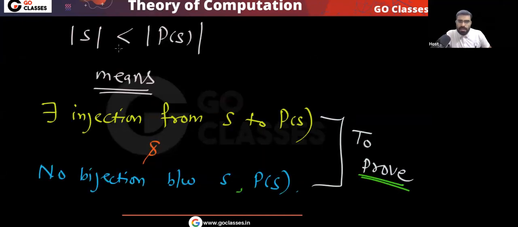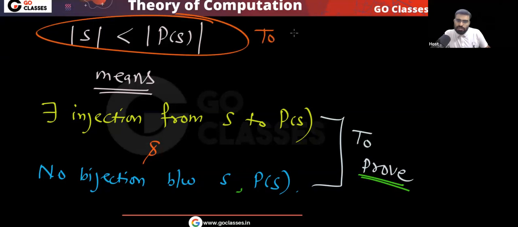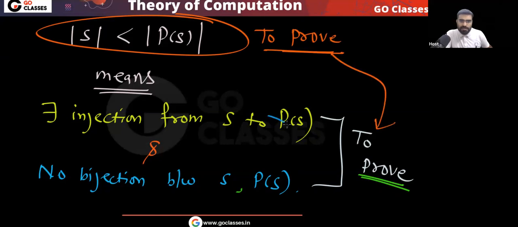So remember what we need to prove. If you want to prove that the cardinality of S is strictly less than the cardinality of PS, you have to prove that there is an injection from S to PS, and there is no bijection between S and PS.